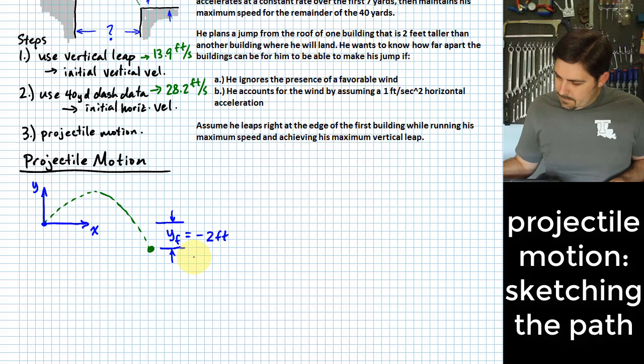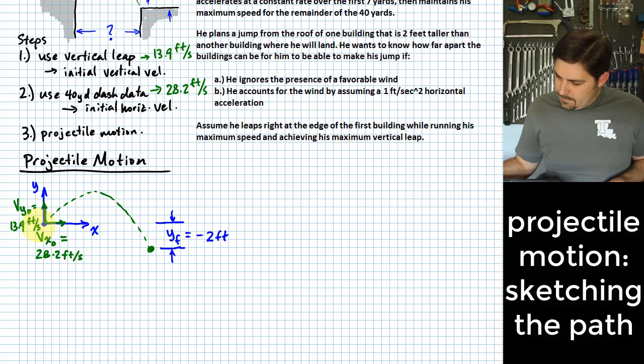Okay, what else do we know here? Let's identify his components of initial velocity right at the very beginning. The Vx naught, that's horizontal, so it's 28.2 feet per second, positive, because it goes in that rightward direction. Over here we have Vy naught, and this is going to be equal to 13.9 feet per second.